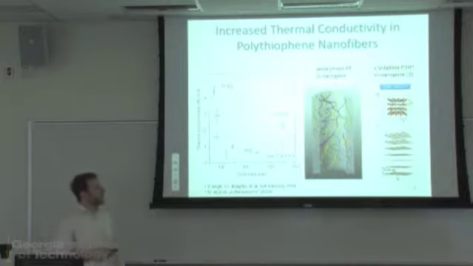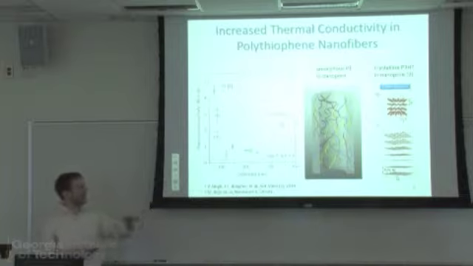In the P3HT fibers, they used wide-angle X-ray scattering to hypothesize that the crystals were orienting themselves so the chains were perpendicular to the nanotube axis. So this is why they're seeing a reduction in thermal conductivity while we see an increase. So depending on your polymer system and your processing technique, you can see different properties based on nanostructures.